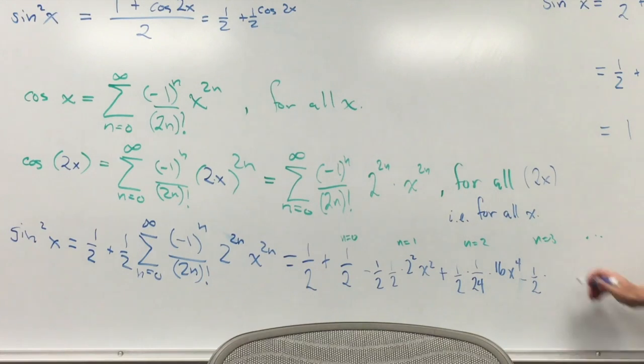Minus 6 factorial, 720 maybe? Times, when n equals 3, 2 to the 6th power, 2, 4, 8, 16, 32, 64.